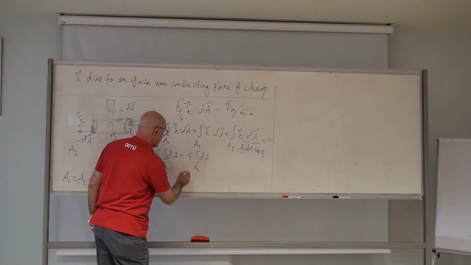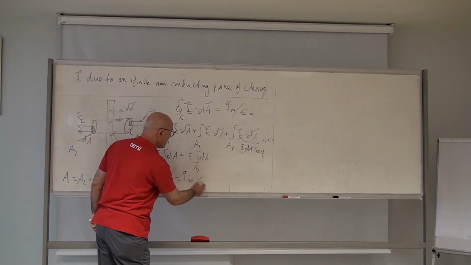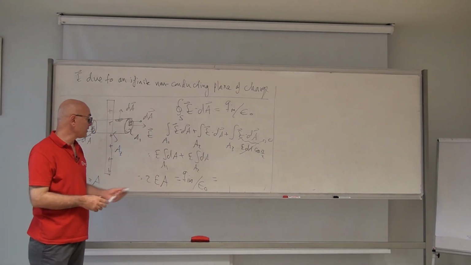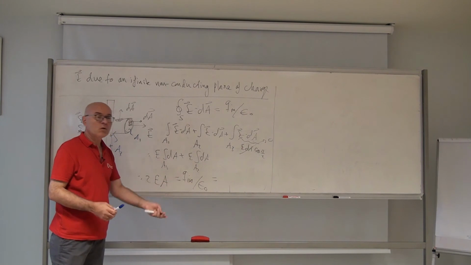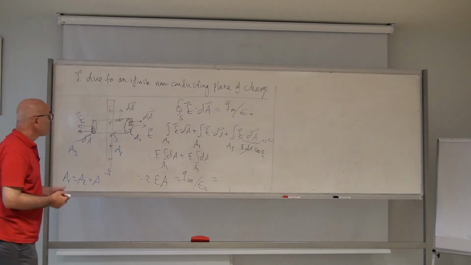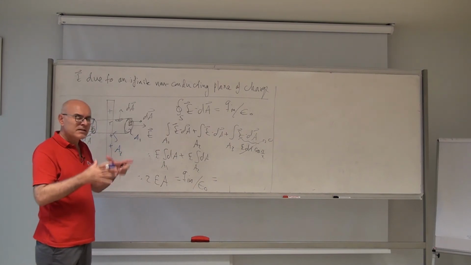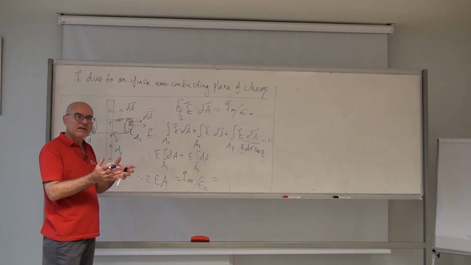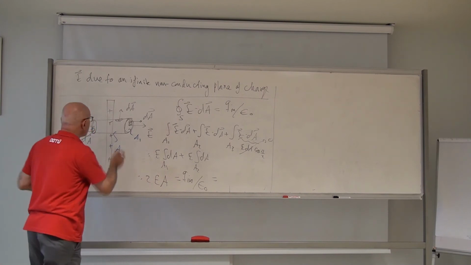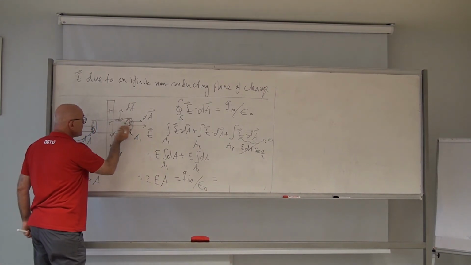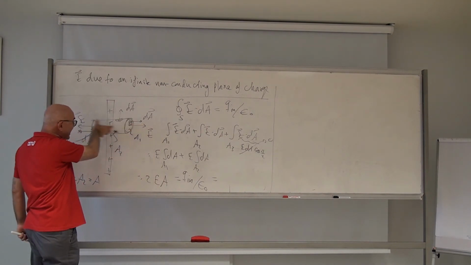Now, what about the right-hand side? This is equal to Q enclosed divided by epsilon naught. What is Q enclosed in this case? I need to write down Q enclosed, then divide by 2A, and then I will find my electric field. Q enclosed, by definition, is the charge enclosed by the Gaussian surface. This Gaussian surface cuts the plane.